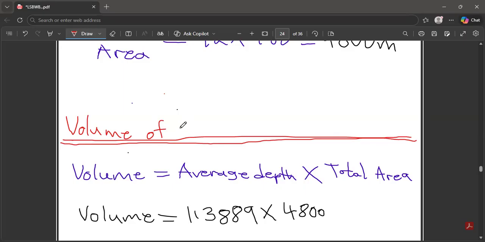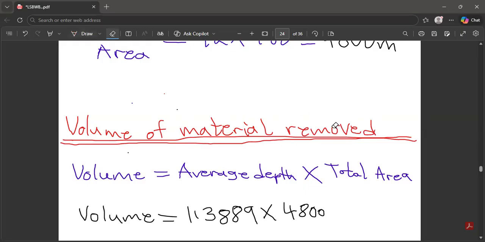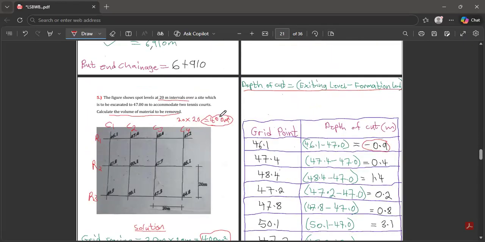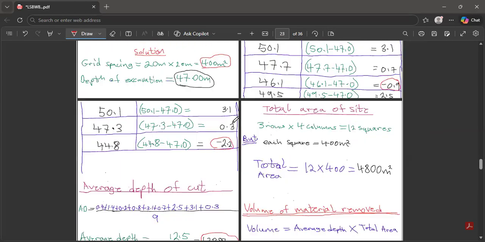So that is the volume of material removed. So we just have to wrap up and see if we can solve the other ones. Then life can become much easier.